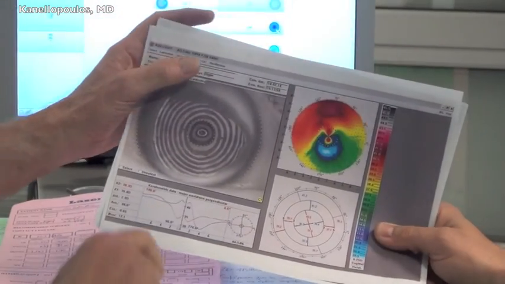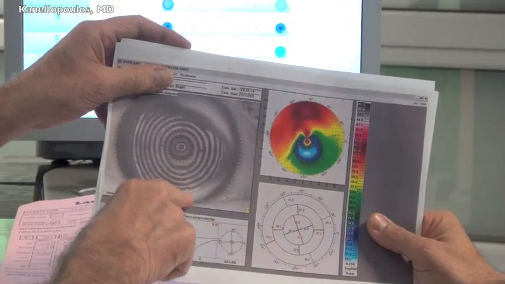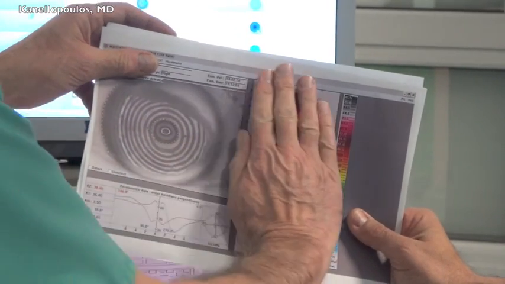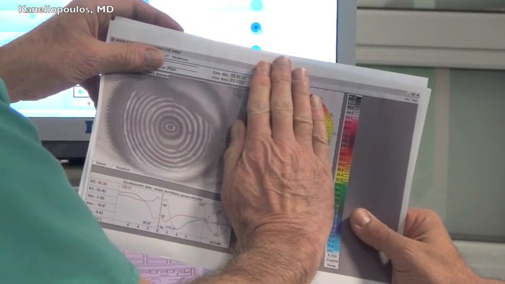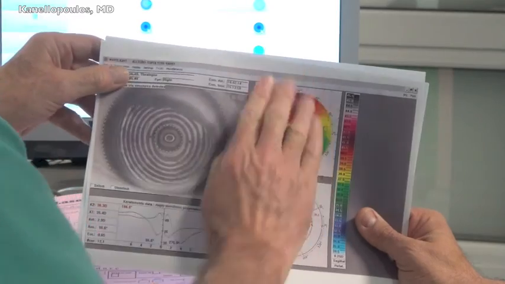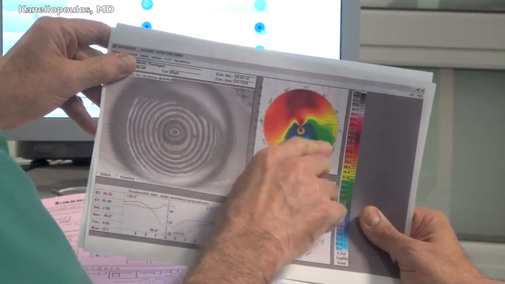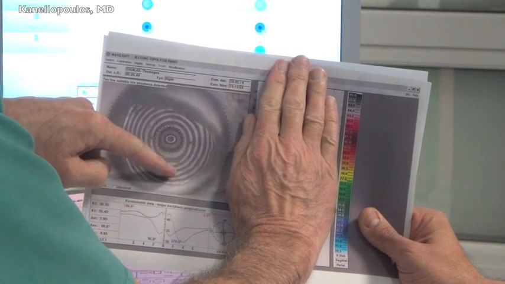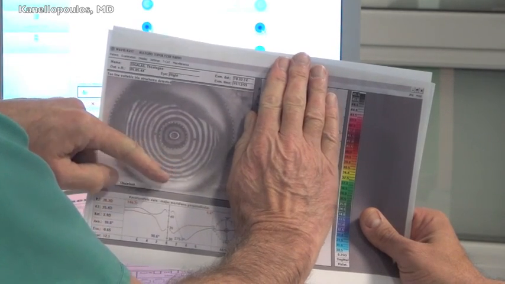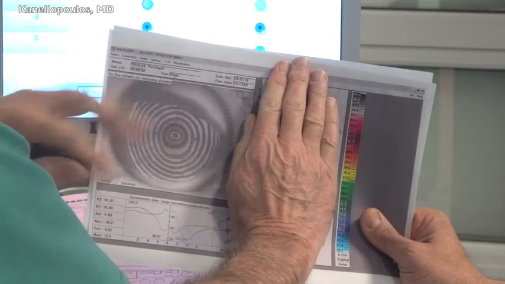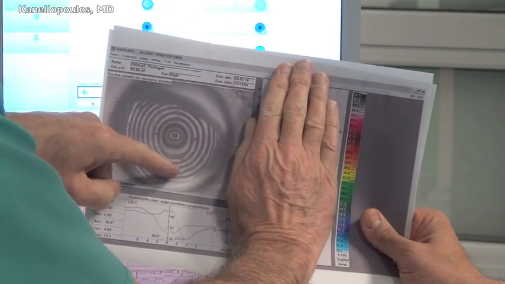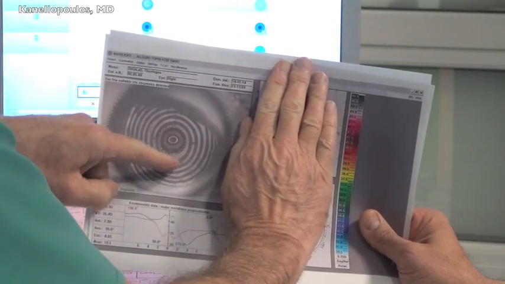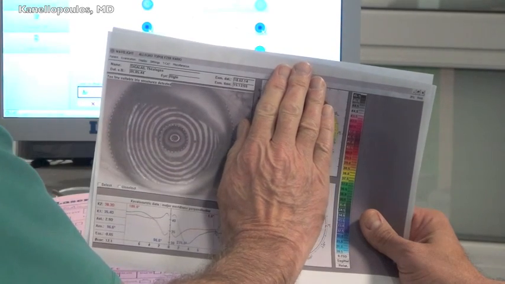And it's worth familiarizing ourselves with the placido image by itself, because a good clinician doesn't need color coding. You can look at this, look at the shape of these mires and the steps between them, and you can create this picture in your mind by just looking at the placido.